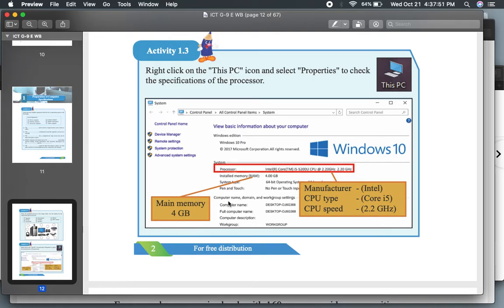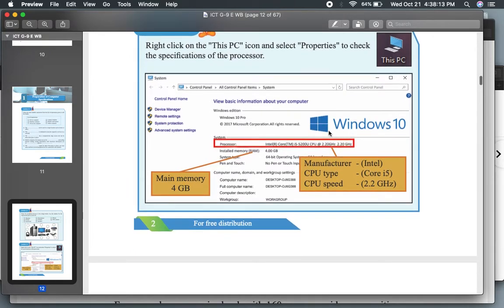Okay, so with Windows 10 or an earlier version of Windows, you can select properties to check the specifications of that processor, and it will list the processor as Intel Core i5 5200U CPU at 2.2 gigahertz.